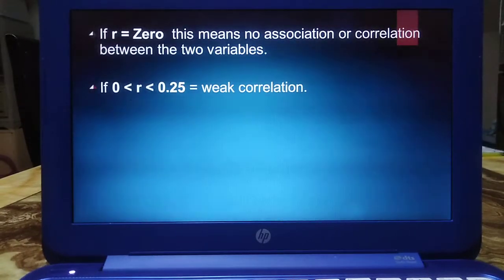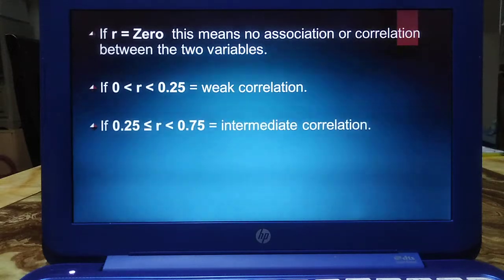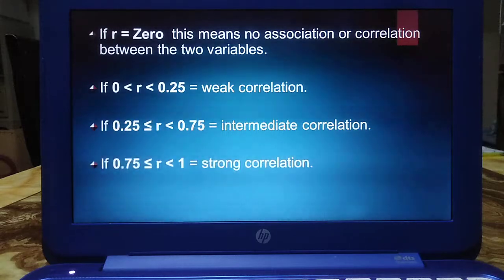If the coefficient is 0, this means no association or correlation between the two variables. If the value is less than 0.25 but greater than 0, then we have a weak correlation. If the coefficient is less than 0.75 but greater than or equal to 0.25, then we have an intermediate relation.